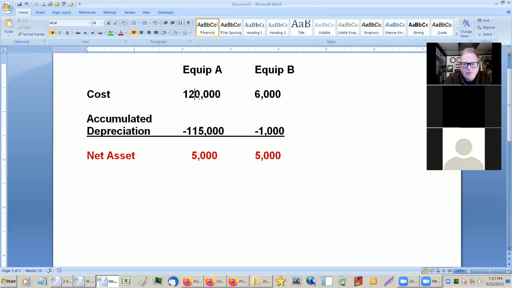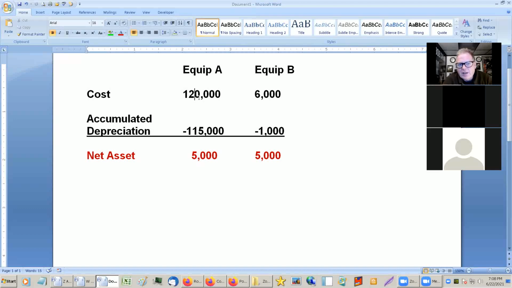Also, which one is more expensive to replace, most likely, A or B? A. So looking at these two assets, they might look the same if you look at the net assets, but are they identical? In reality, equipment A is old and it's probably going to get replaced fairly soon. And it's probably going to be very expensive to do it.